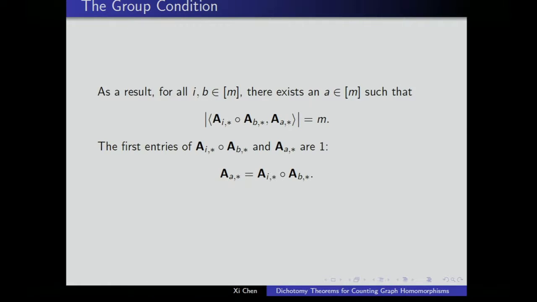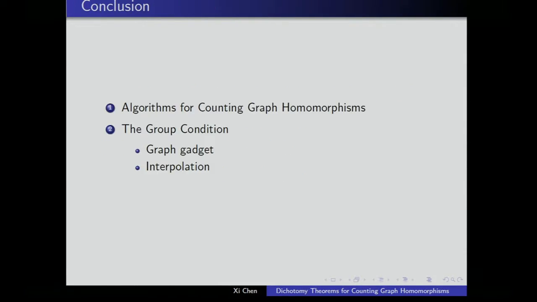The only way to satisfy this is that they are actually the same vector. Which tells us that if you take the Hadamard product of the ith row and the bth row, you would get the ath row of the matrix, which is exactly the group condition. Take the Hadamard product of any two row vectors, you get another row vector of the matrix. So this finishes the proof of the group condition.